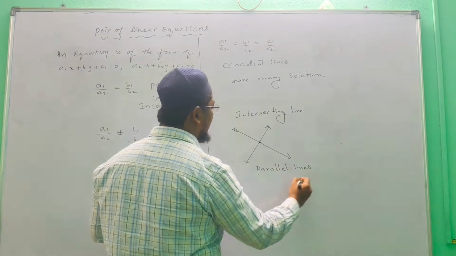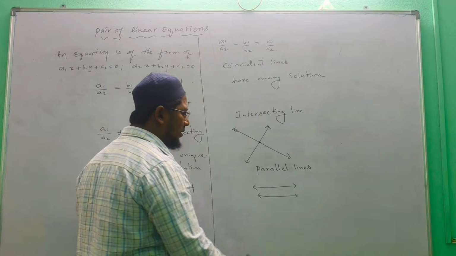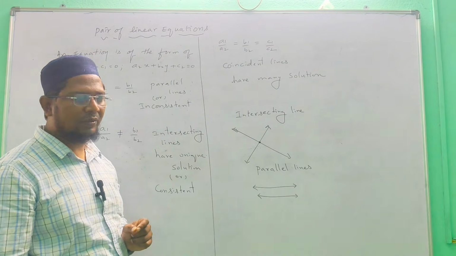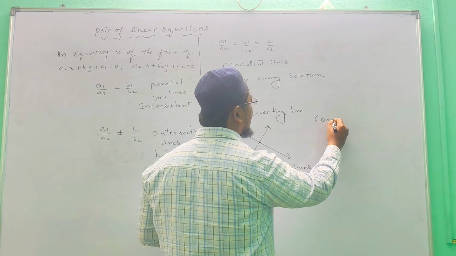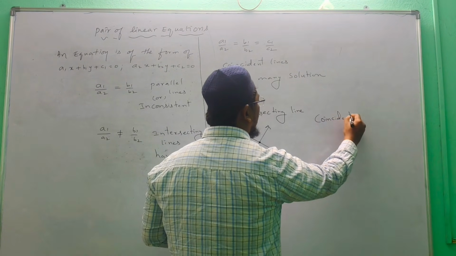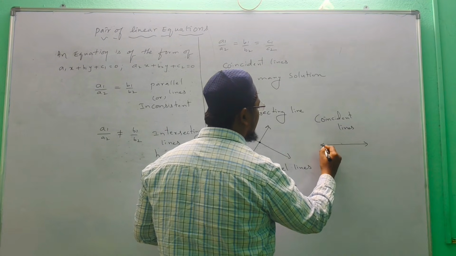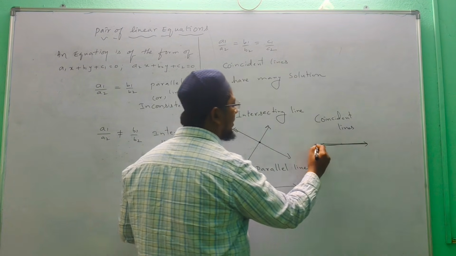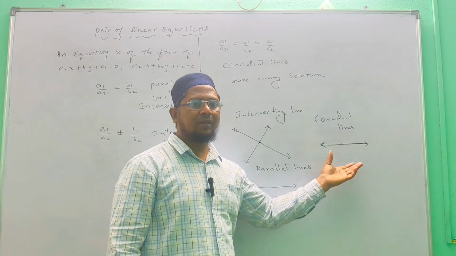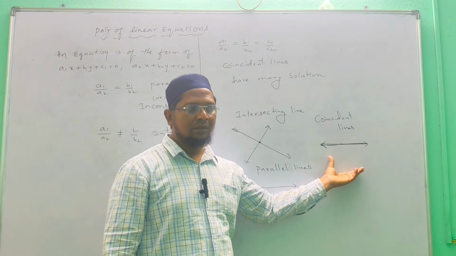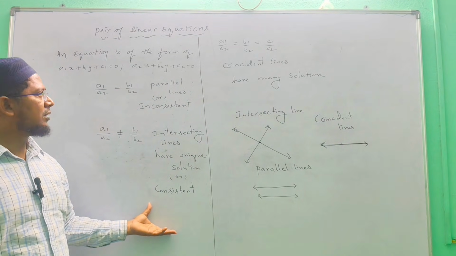Parallel lines are nothing but two lines have no common point. Coincident lines: a line coincides with the other. Example, this is the first line, another line if it coincides with this one, so this is nothing but coincident lines. That's why we call it many solutions. So this is the basic information about this chapter.